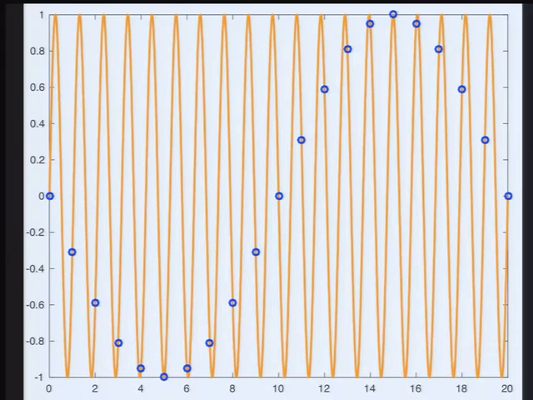So the orange plot is a continuous time signal, and we took samples of that, and those are the blue circles, right? So the perennial question in sampling is, have you sampled fast enough that you can recover the signal from the samples? And what do you think the answer is here?